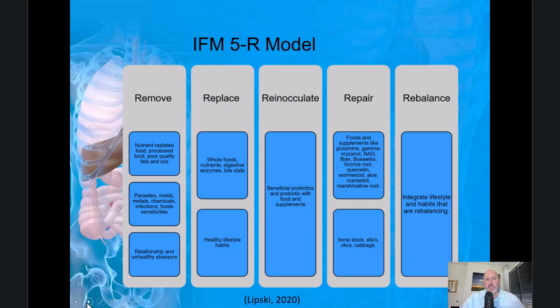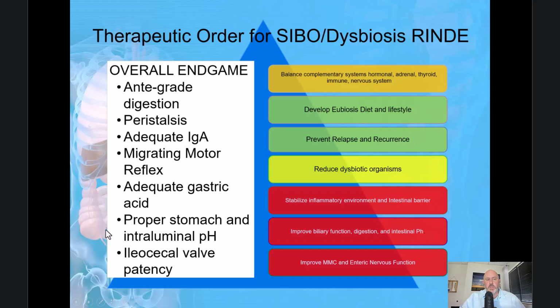This is like a classic model. Most of us who have been practicing a while will do offshoots of this model. This is kind of the one I do, which targets all the factors that are involved in leading to SIBO. I try to address each of these aspects in my treatment plan to help people prevent recurrence. Once I've treated them and stabilized them, I'm looking at really helping the gut overcome factors that might lead to recurrence.